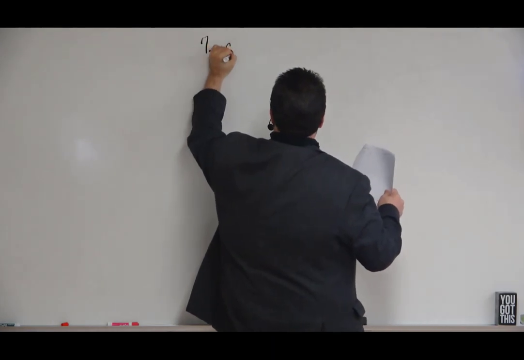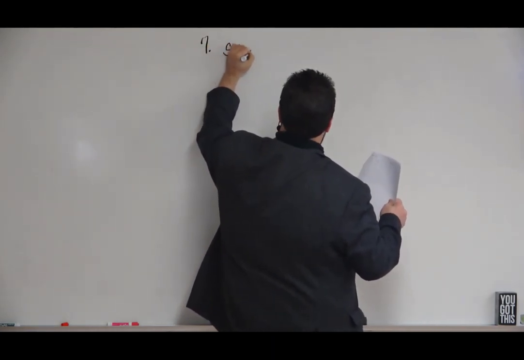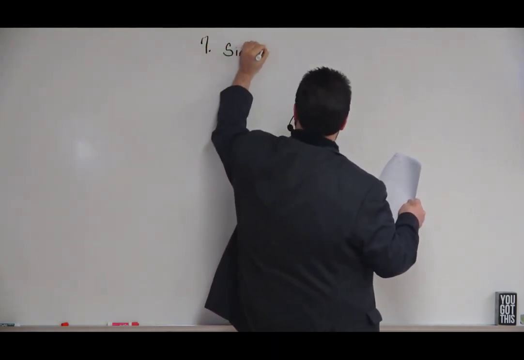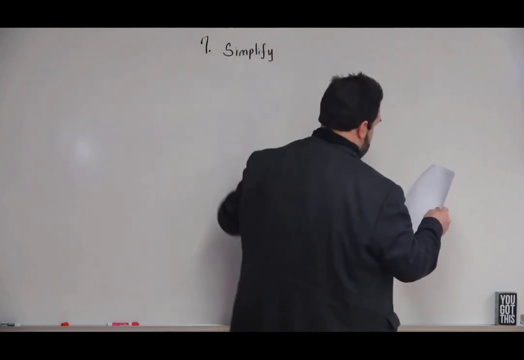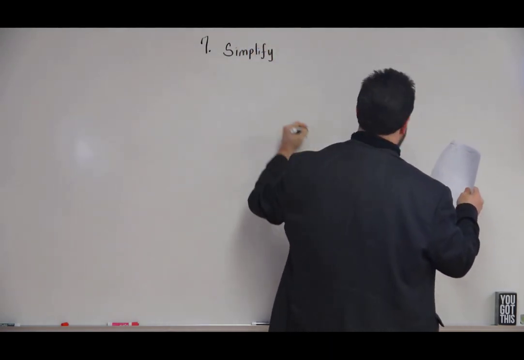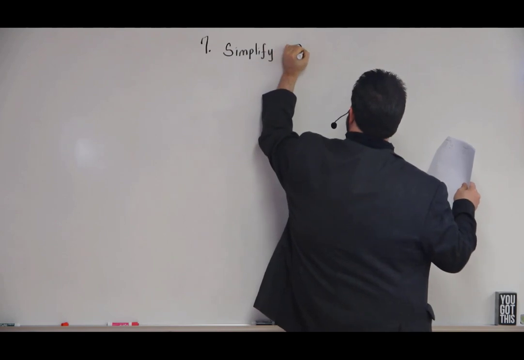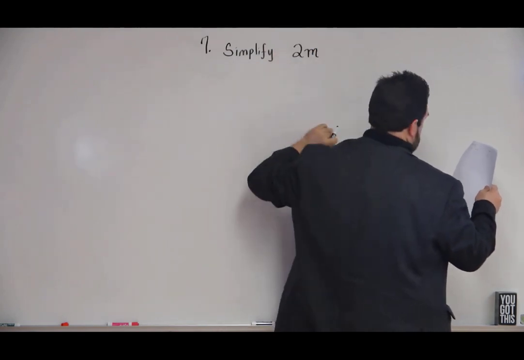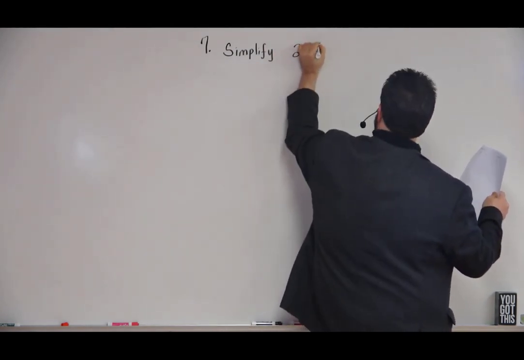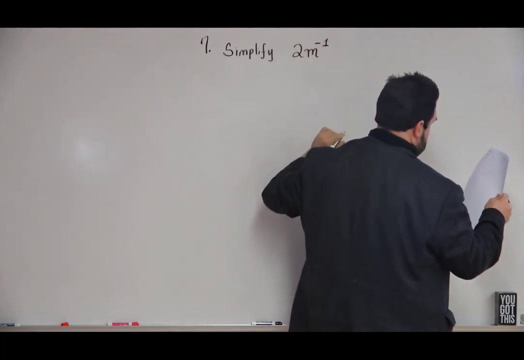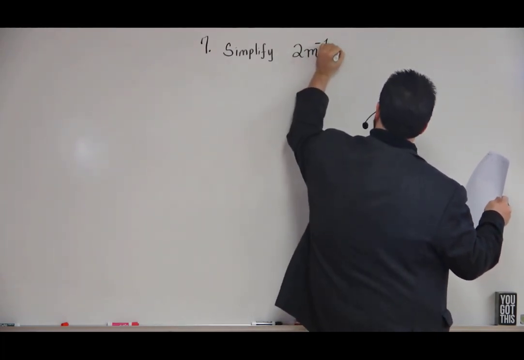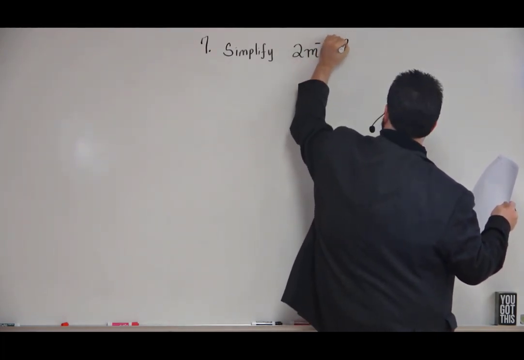This one's getting a little bit harder. Simplify. Simplify. And then we've got 2m to the negative 1 n squared.